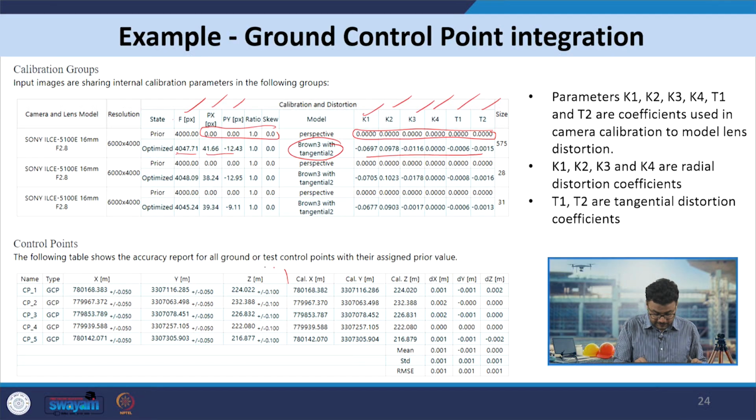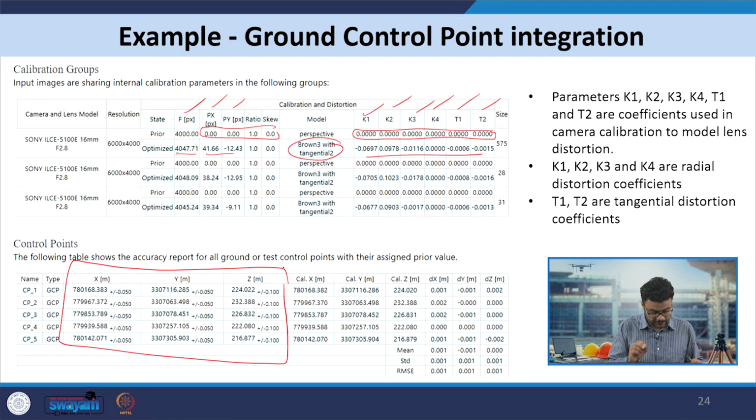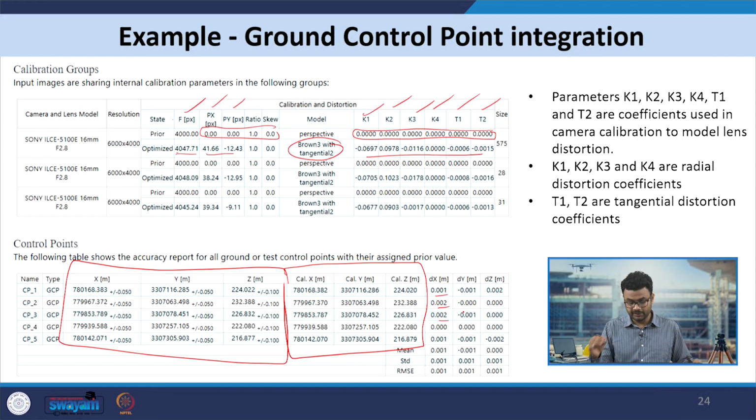So this shows the ground control point coordinates which are estimated using GNSS, and on the other side we have the positions estimated using the refined point cloud, and we can see there is very small distance between the refined point cloud as well as the actual position on the ground, and this distance is within 2 millimeter for most cases.